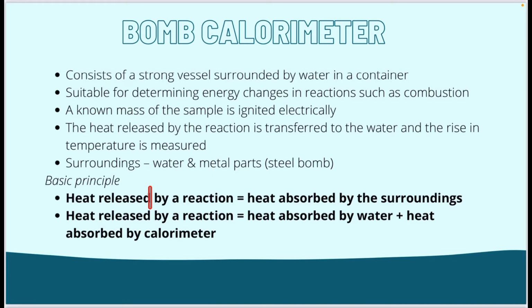The surroundings are the water and metal parts, so still the bomb. Basic principle: heat released by a reaction is equal to the heat absorbed by the surroundings. Heat released by a reaction is equal to the heat absorbed by water and heat absorbed by the calorimeter.